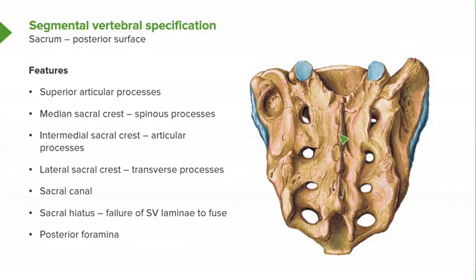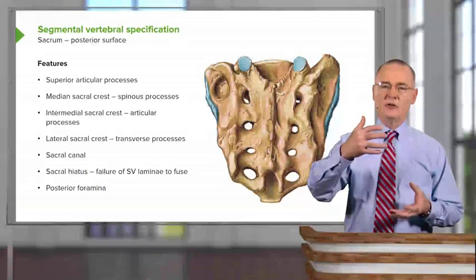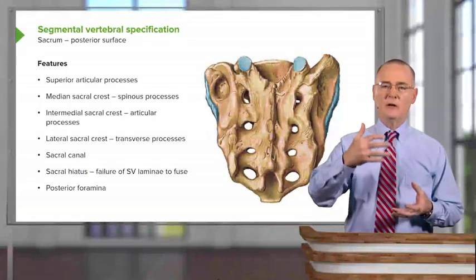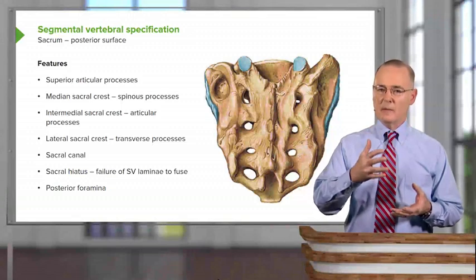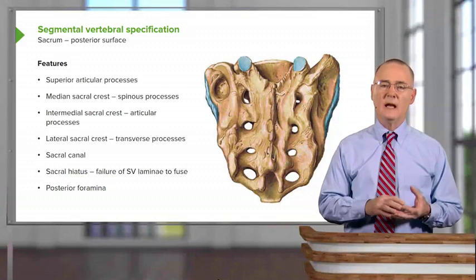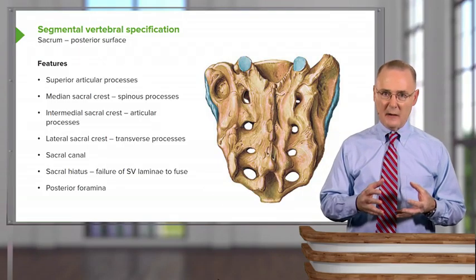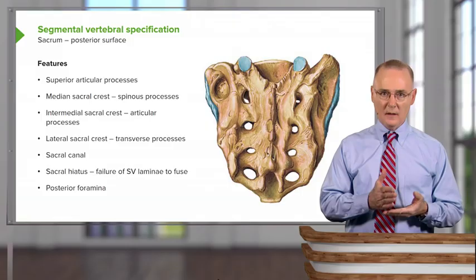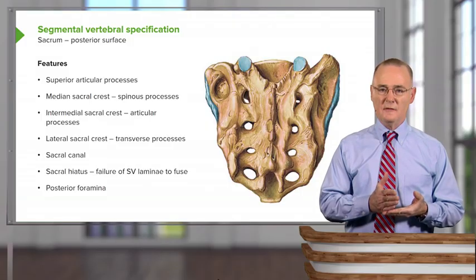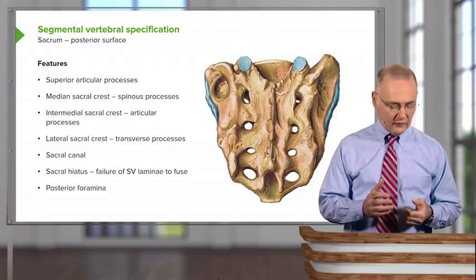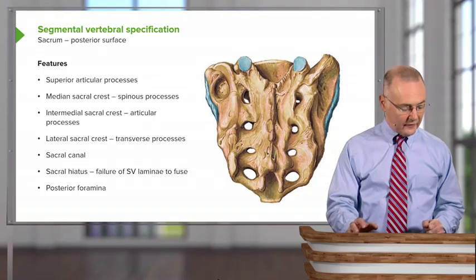When we think about the sacral vertebrae fusing together here in this posterior orientation, let's think about the structures that lie superior to this segment. In that posterior midline, we had spinous processes. So what happens here in the sacrum is that spinous processes of adjacent vertebrae will fuse to produce this median sacral crest.